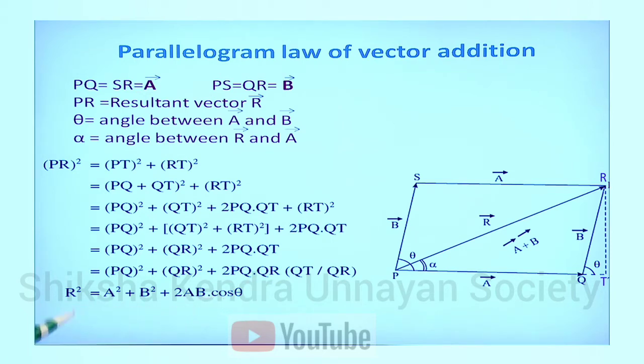So, now we can write PR is your resultant vector R. So, R square equal to A square plus B square plus 2AB cos theta, and you can notice that here we have not put the vector sign, we are taking only the magnitude.